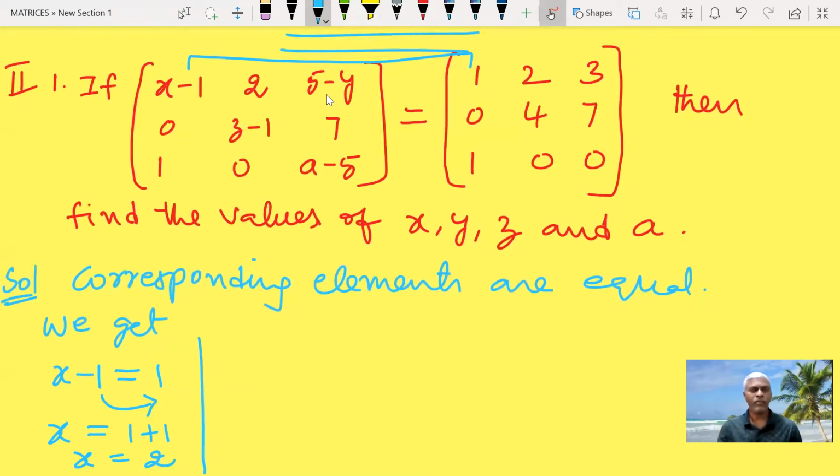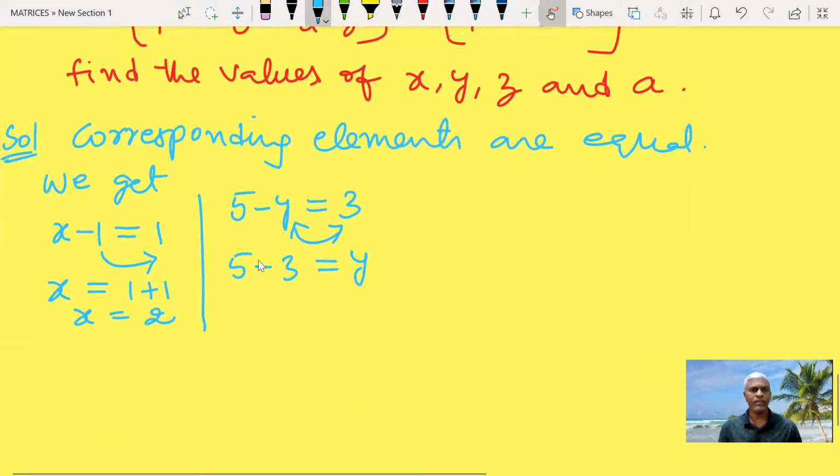Now to get y value, 5 minus y corresponds to 3. 5 minus y is equal to 3. So bringing y to the right side and 3 to the left side, 5 minus 3 is equal to minus y becomes plus y.